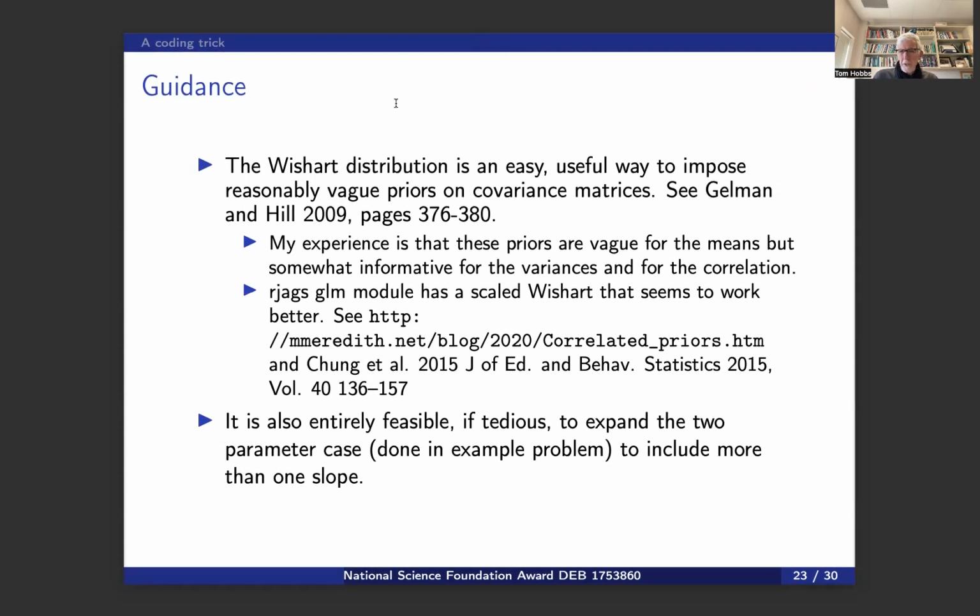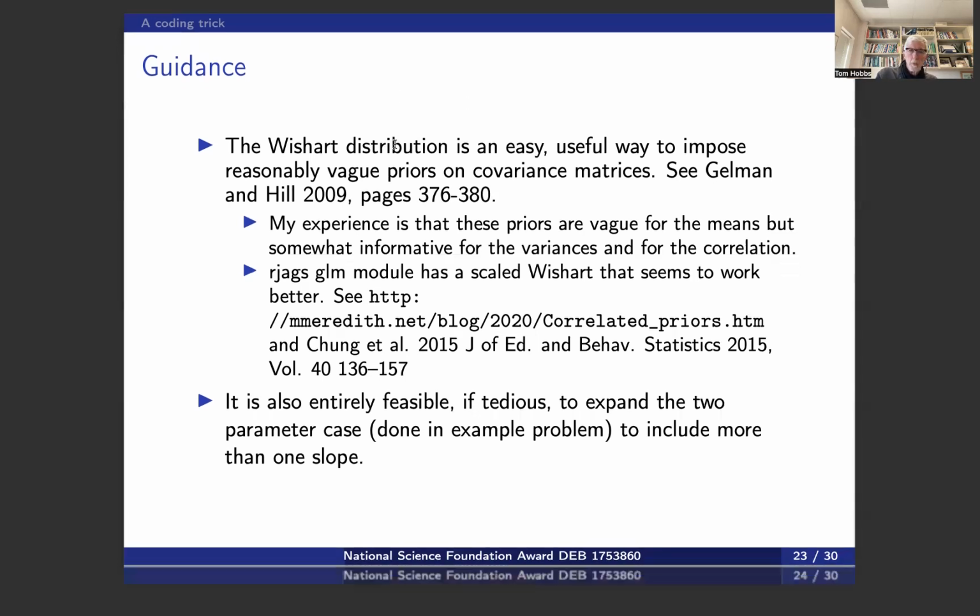But my experience is that these priors are vague for the means, but they're somewhat informative for the variances and for the correlations. The rjags GLM module has a scaled Wishart that seems to work somewhat better, and I give you some references for how to do that. It's also entirely feasible, if tedious, to expand that 2-parameter case that I showed you earlier to include more than one slope.